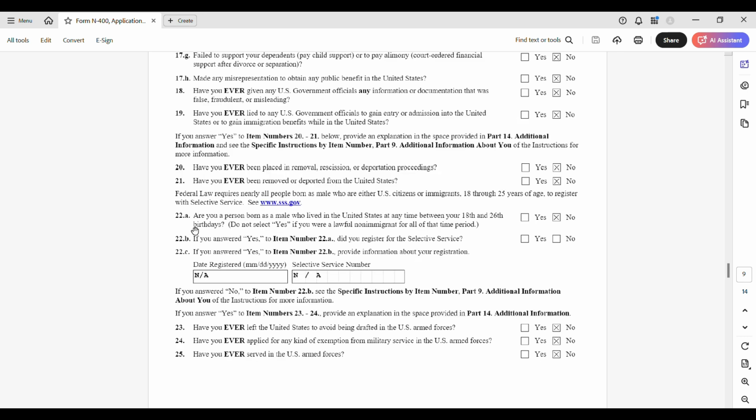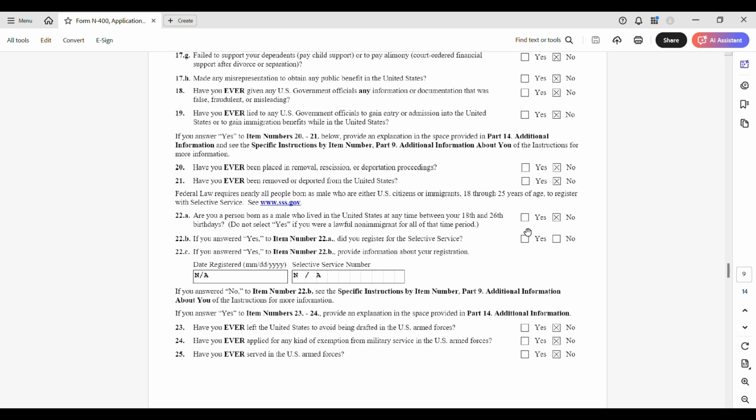Number 22A, are you a person born as a male who lived in the United States at any time between your 18th and 26th birthdays? Do not select yes if you were a lawful non-immigrant for all of that time period.